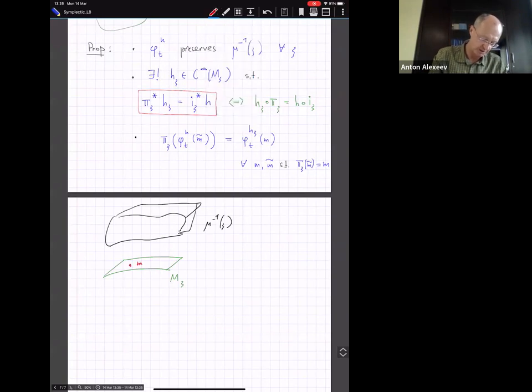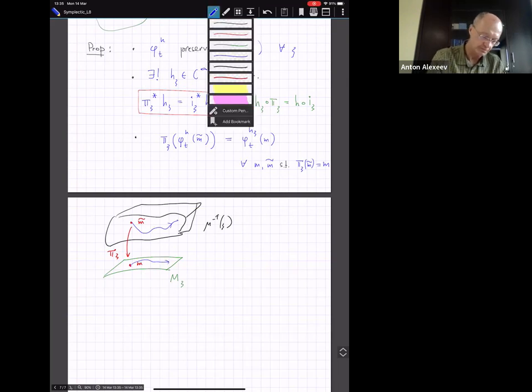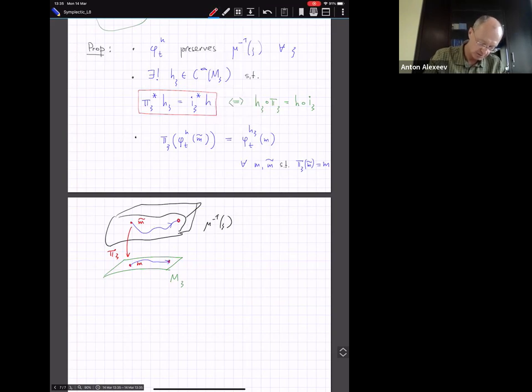So there are points m and m tilde related by pi xi. And I can run a Hamiltonian trajectory. And I know that the endpoints will be also related by pi xi.